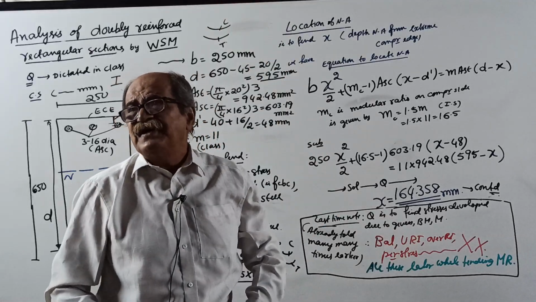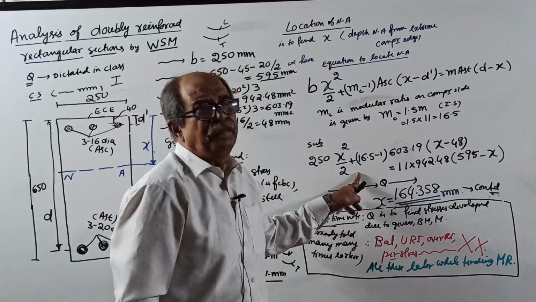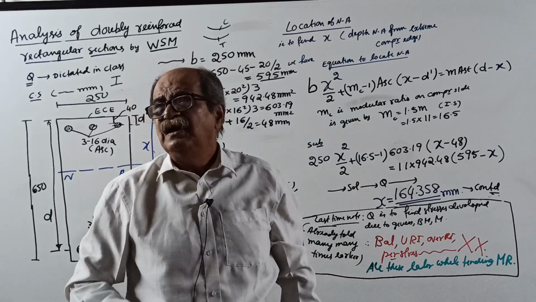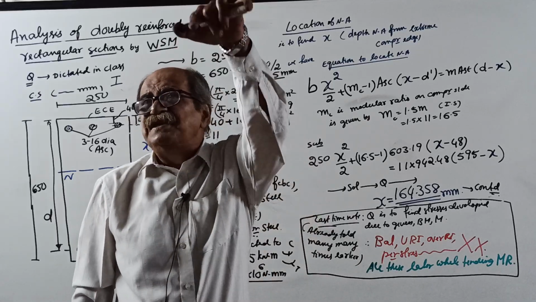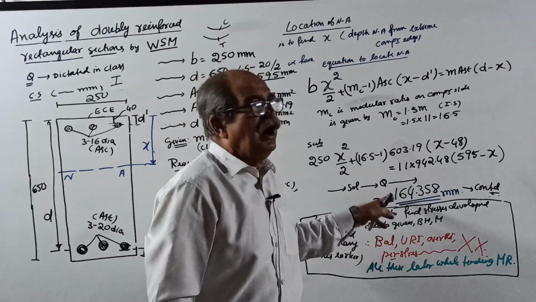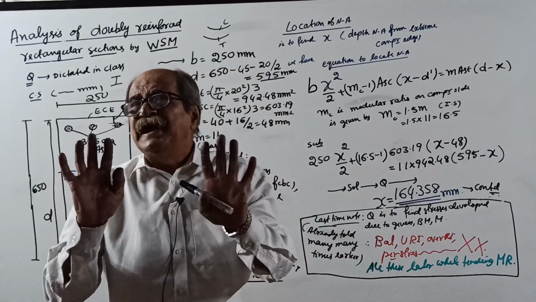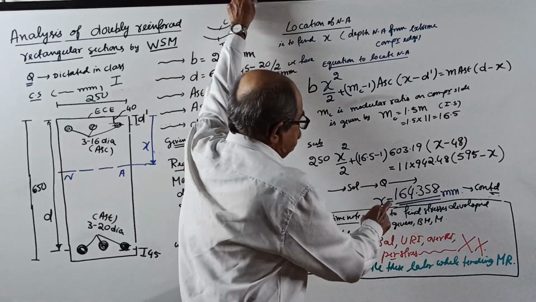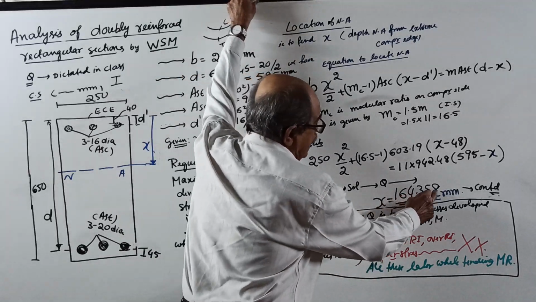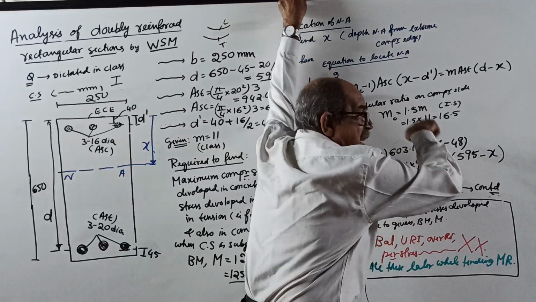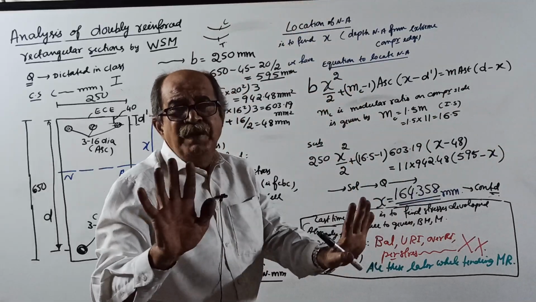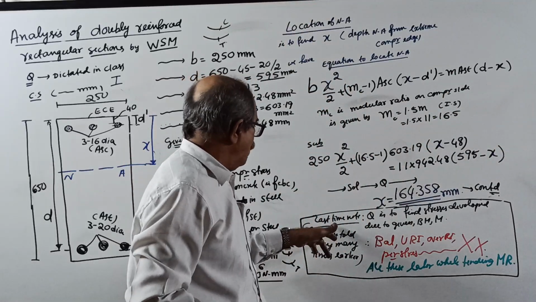Sometimes in the online class I have seen people simplify and solve; they should not do it. Somebody studying a structural engineering subject, if he does not know how to solve a quadratic equation, he is not fit even to see the title of the class. X will come 164.358 millimeter.